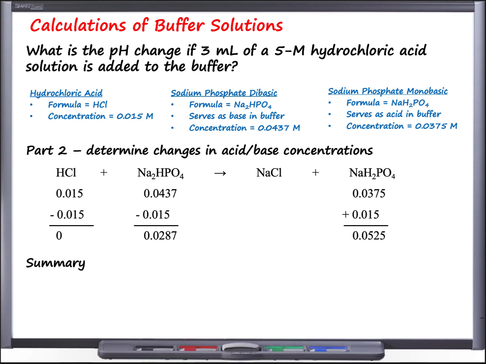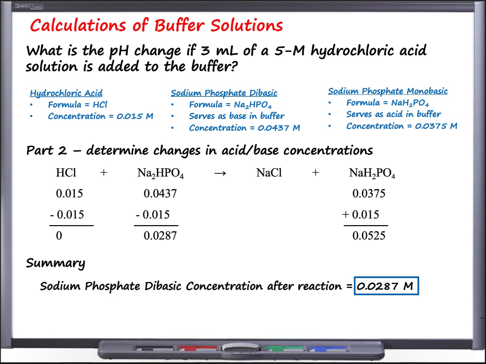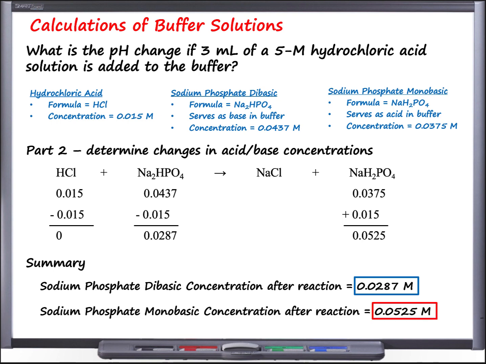To summarize, the hydrochloric acid reacts with the base and decreases it, so that the concentration of the dibasic sodium phosphate after the reaction has been reduced to 0.0287 molar. On the other hand, our monobasic concentration has increased to 0.0525 molar after the reaction with all of the hydrochloric acid.